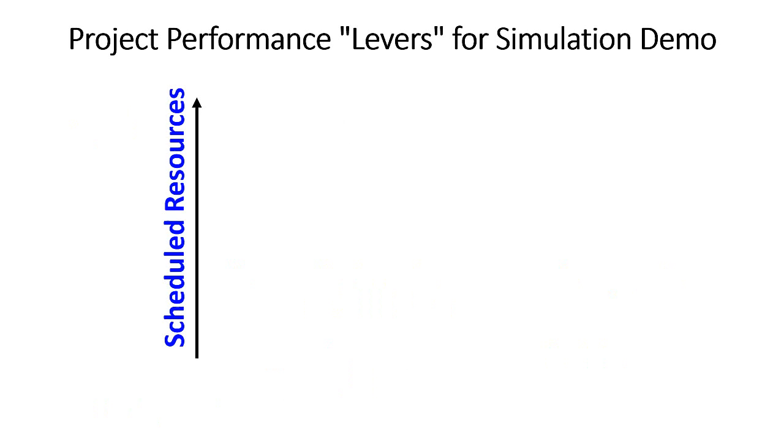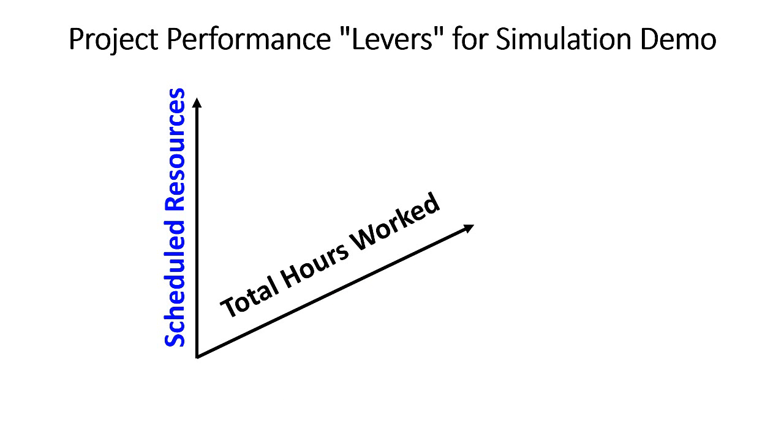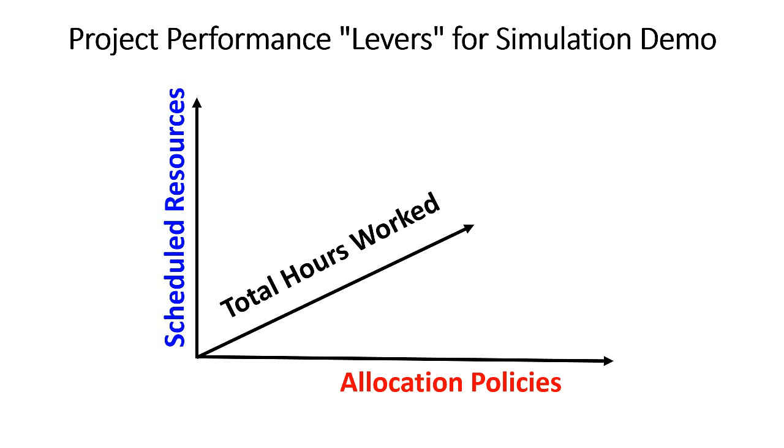They're input levers. In one dimension we have scheduled resources, and for those scheduled resources we have a lever to control the total hours that they work, and we also have a third lever to control how we allocate resources to these scheduled resources.